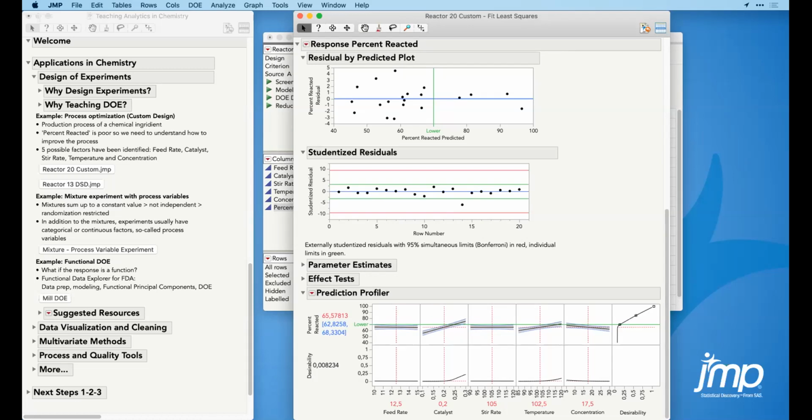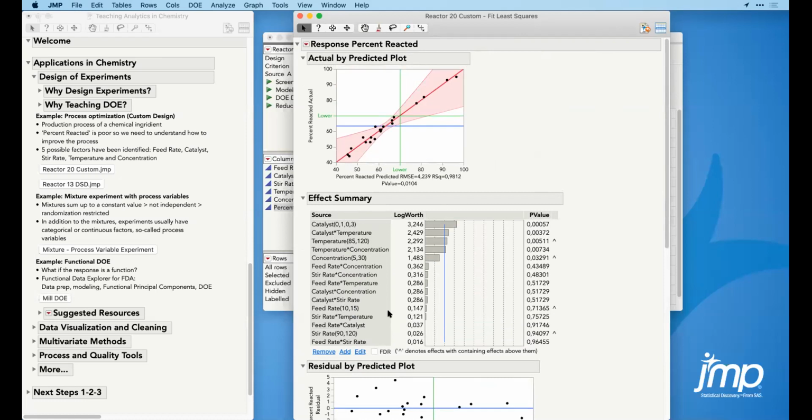And here we see our 5 continuous factors, and we see the response percent reacted. We see the lower limit, which is 70%. And this also reminds us that we want to maximize. So higher response values have a higher desirability.